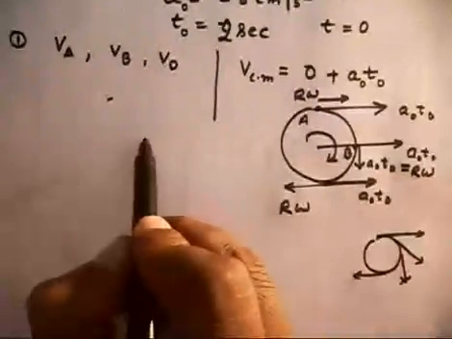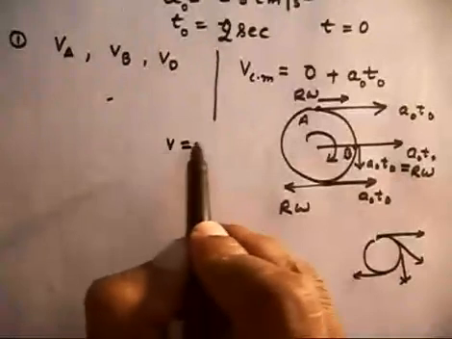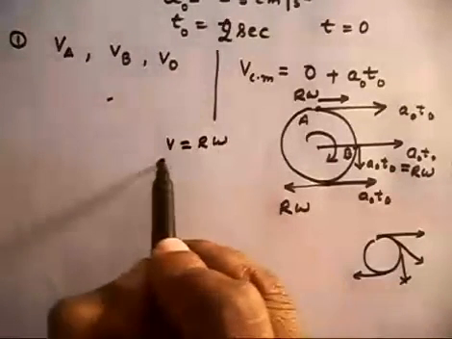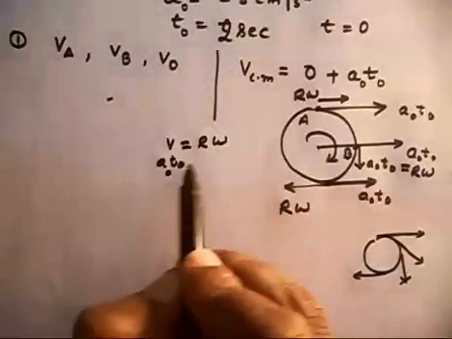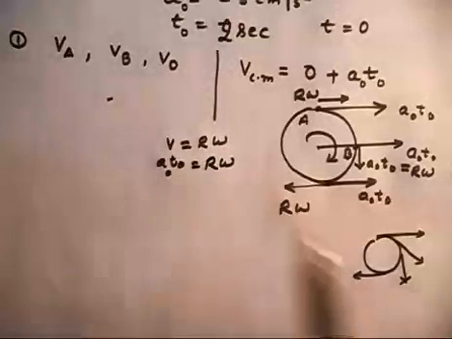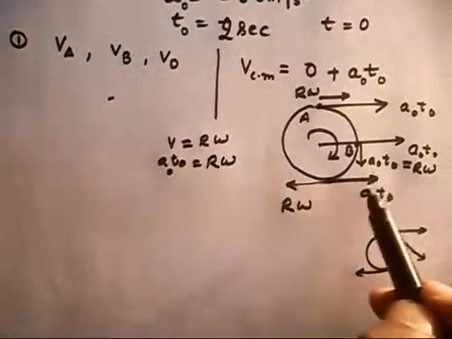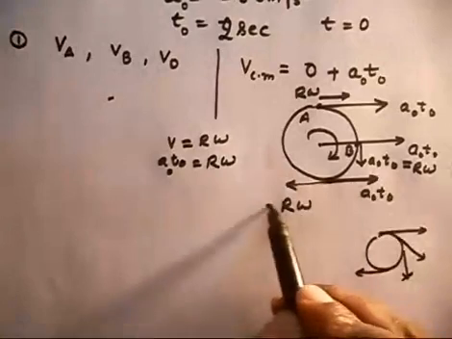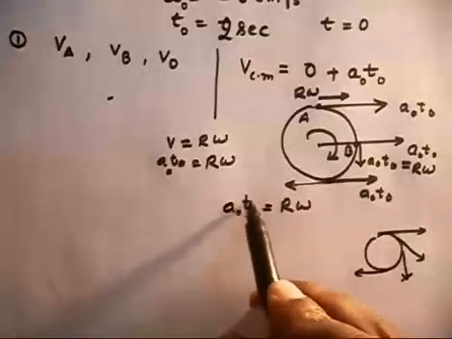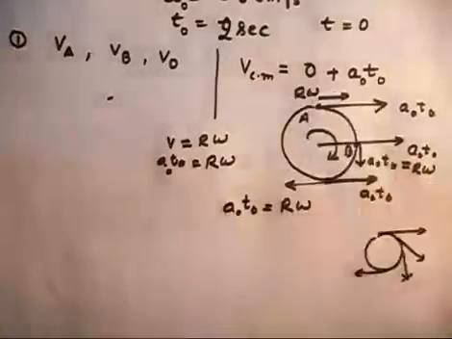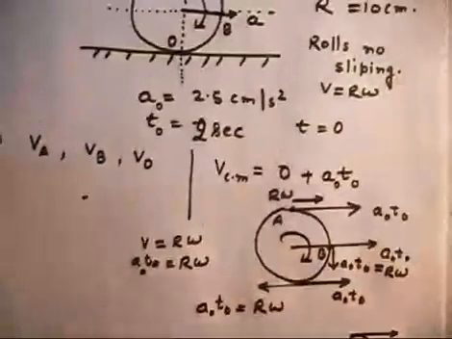The center of mass also has to satisfy v is equal to r omega. So v center of mass is a naught t naught, so r omega also has to be a naught t naught.